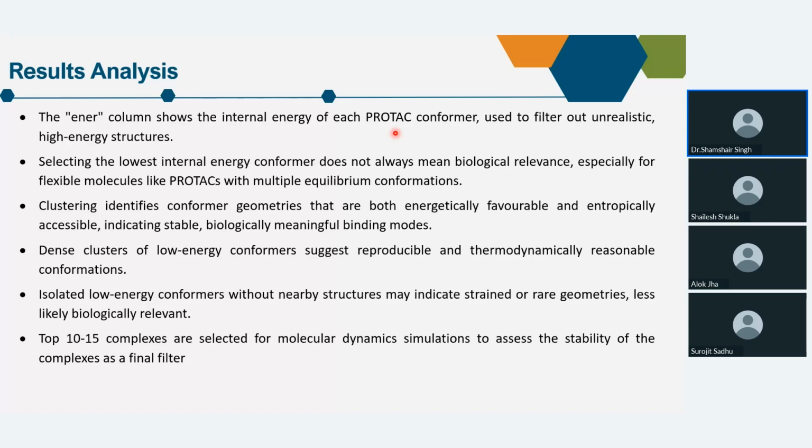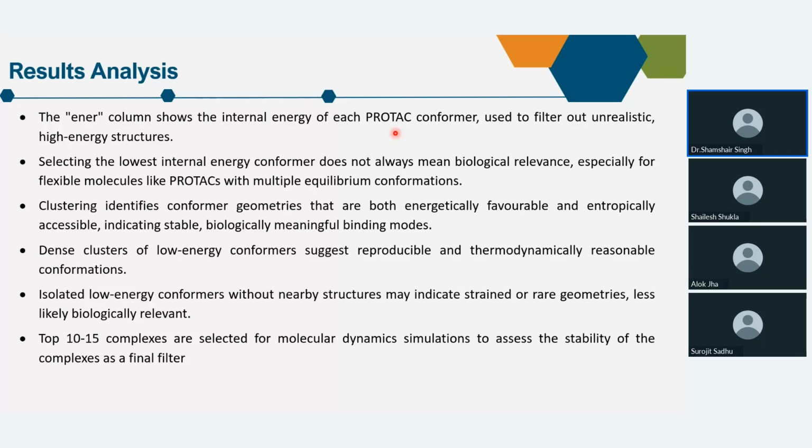But again, it doesn't guarantee that the lowest energy conformer will always look like your biological reference compound, especially with regards to PROTACs, because these are very big molecules with a large number of rotatable bonds. So for that reason, it is suggested to cluster and pick the conformer geometries which are energetically favorable and entropically accessible.